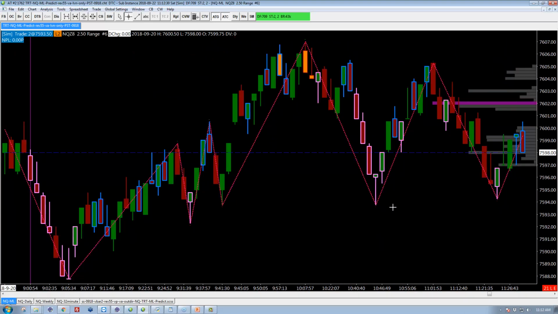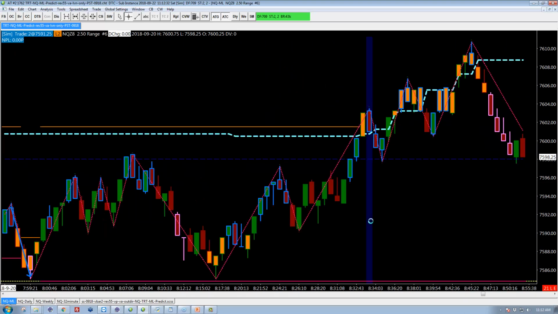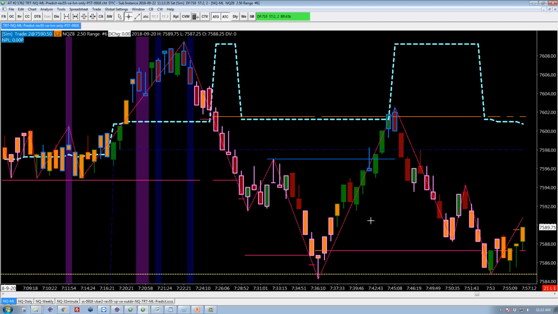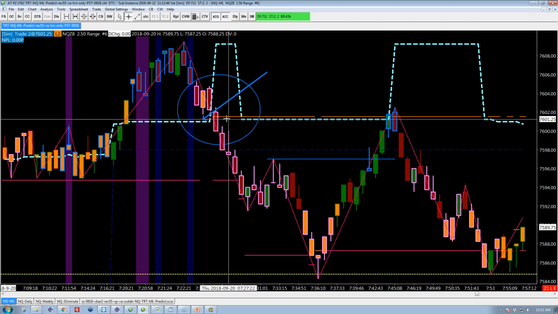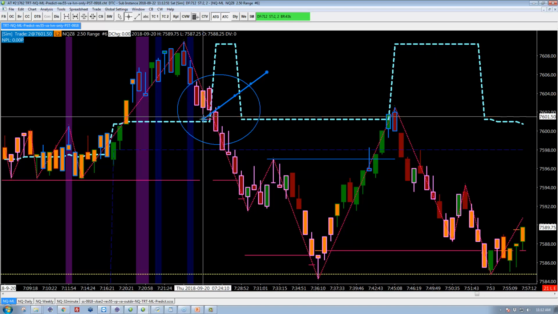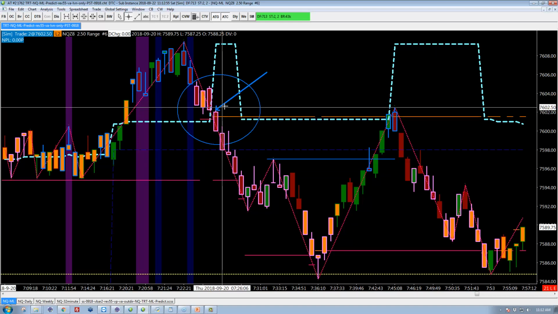Hang on. Okay, so look at this right here. All right, so we're paying attention to this low volume node. It's right here at 7601.25, and as this bar trades, it moves up one tick to 7601.50.